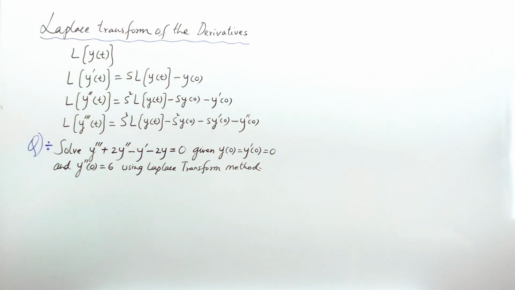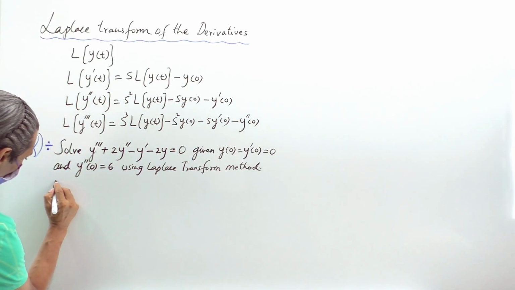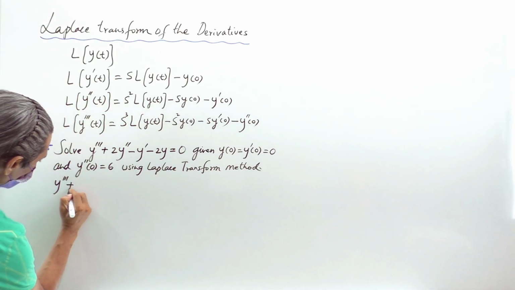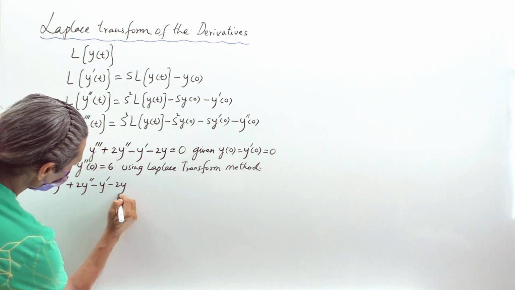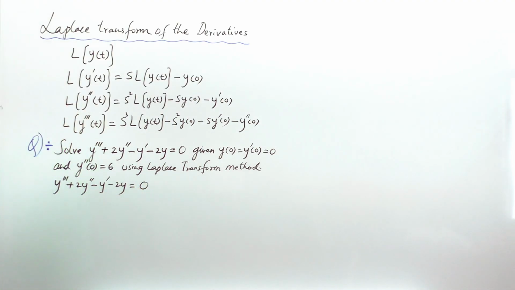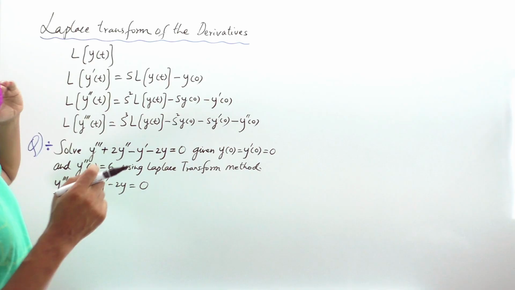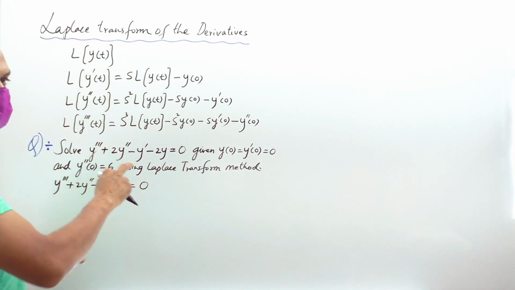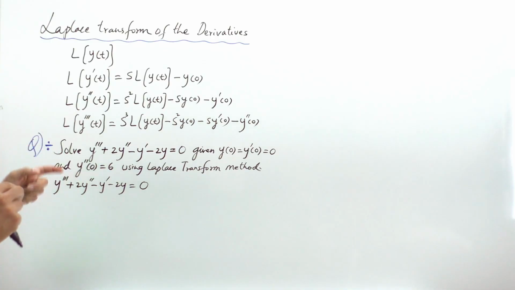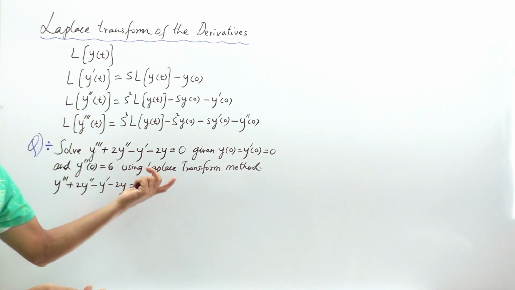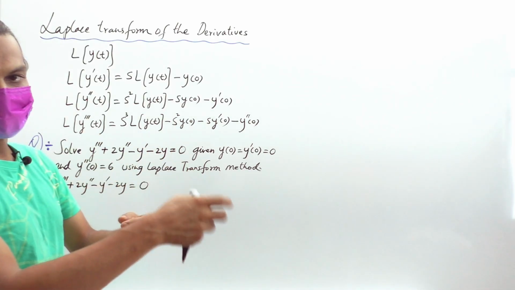Okay. Now how to do it? First, write the question. The question given is y triple dash plus 2y double dash minus y dash minus 2y equals 0. So first what we do is we apply L on both sides. As I told you, the given question will be in terms of t and we are converting to s. Now this may be given in other variables also, like x, so we can convert it to s.